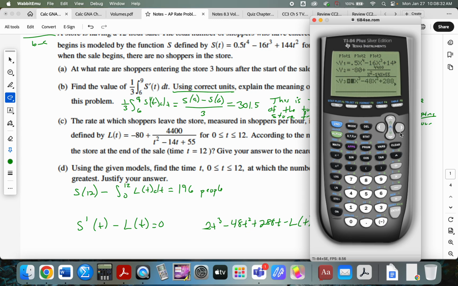Rather than try and copy and paste that, which doesn't work particularly well on this, I'm just going to go minus y2. And I want to know whether that's equal to 0 between t is 0 and t is 12.